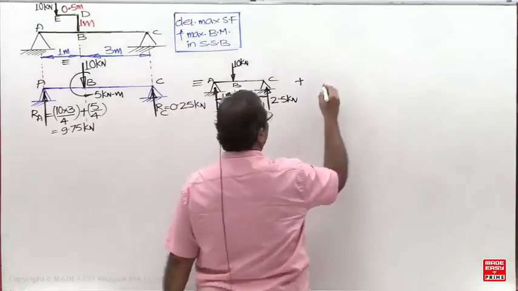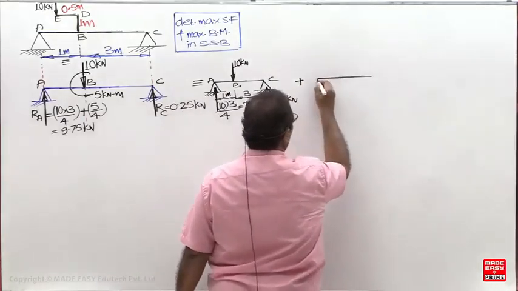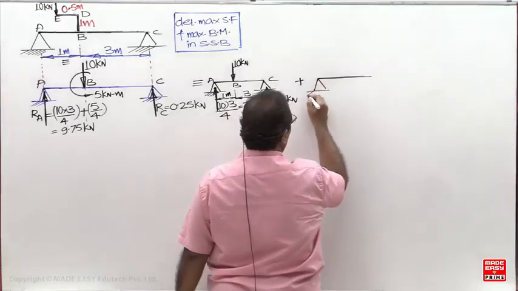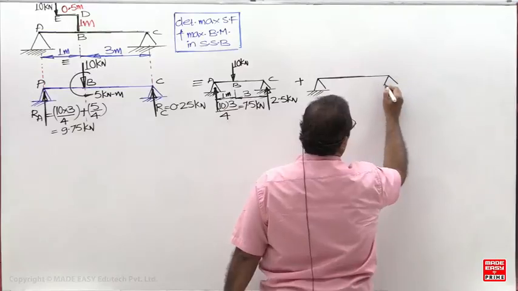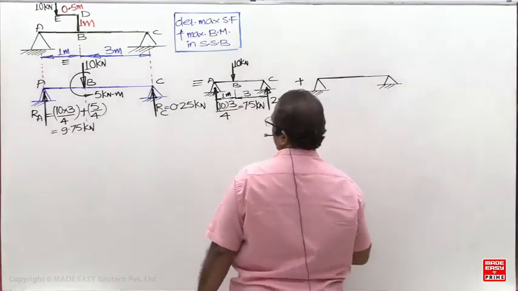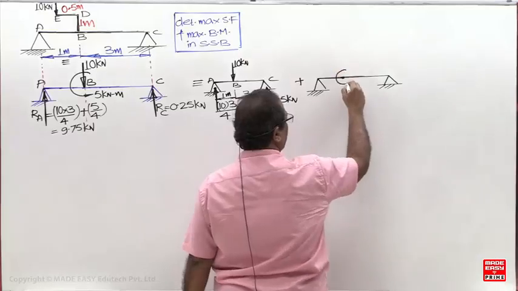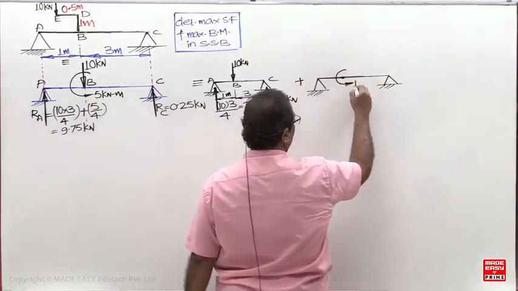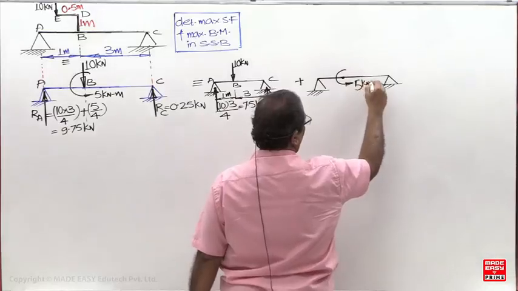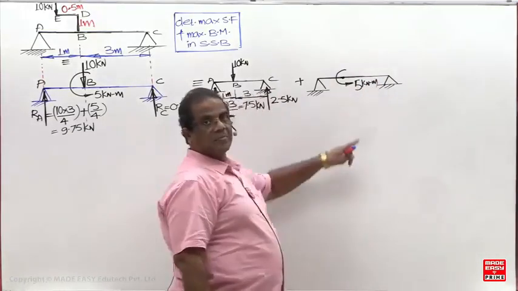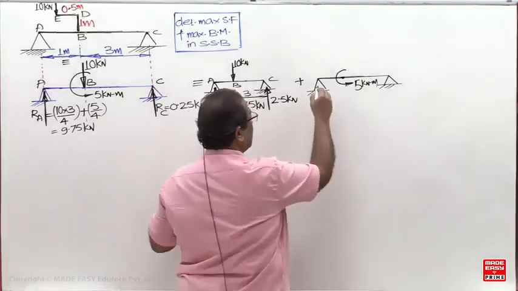Next, assume only the couple is acting alone. Sigma V is 0, sigma M is non-zero. The couple is anti-clockwise, so the reaction should be upward.